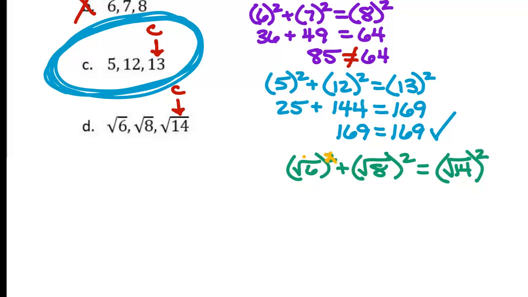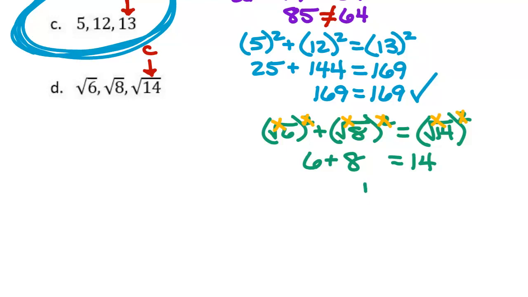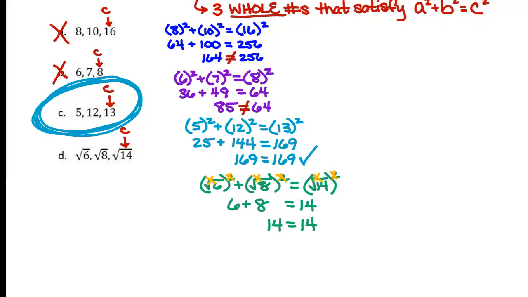Squared and square roots all around cancel each other out. So then I would have 6 plus 8 equals 14. What is 6 plus 8? 14 equals 14. This is looking promising, except this is not a Pythagorean triple.